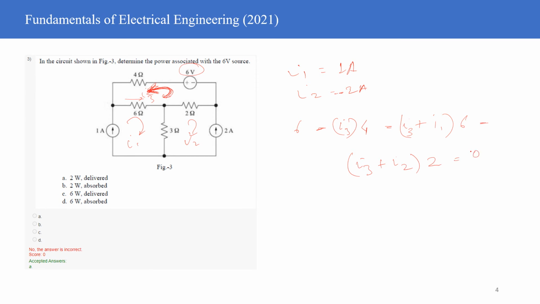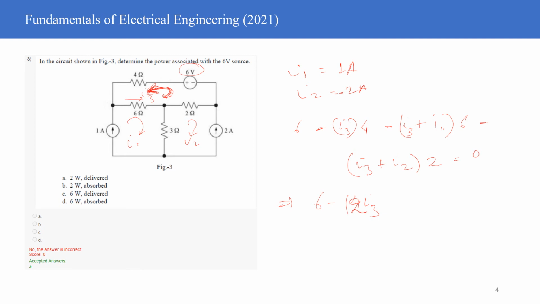Correct? Yes, sir. Right. So now we know the value of I1 and I2, so you can just substitute it here. So 6 minus 4 times I3, and then 4 and 6 will be added together, and this 2 will be added together, so it will become 12 times I3.